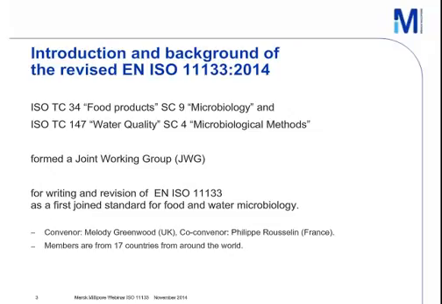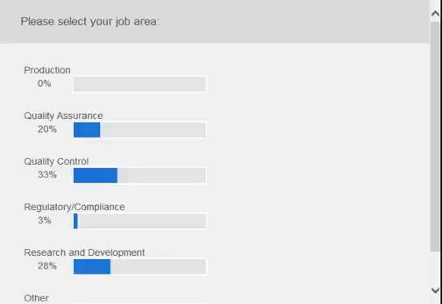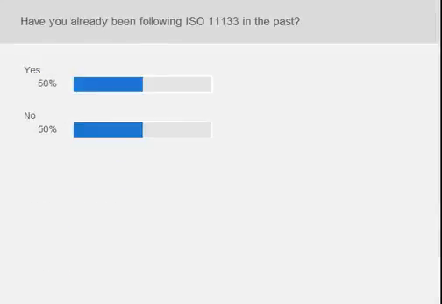First, we want to give an introduction and background of the revised EN ISO 11133 from this year. It was worked out by two ISO working groups. One is the ISO TC34 Food Products Subcommittee 9 Microbiology and ISO TC 147 Water Quality Subcommittee 4 Microbiological Methods.